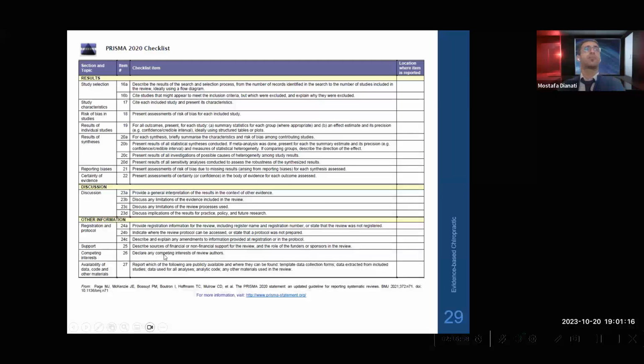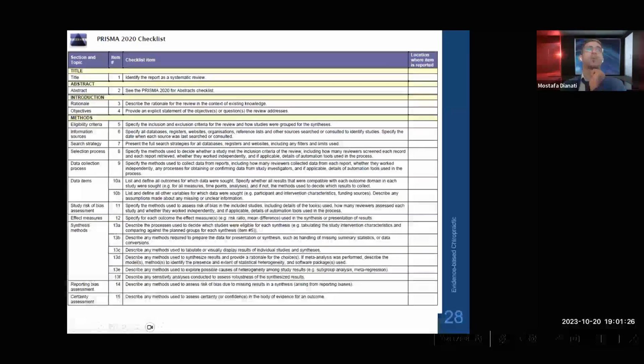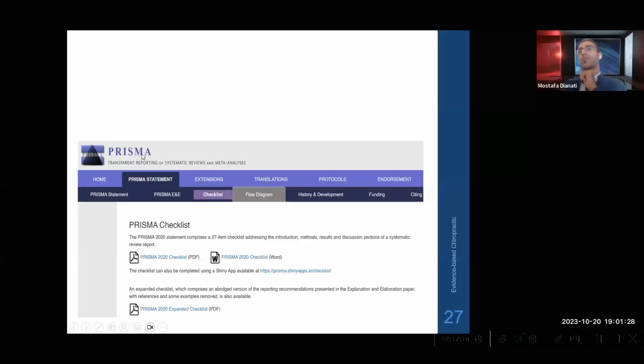Make sure that the preparation of your manuscript is 100% in line with this statement, which is really crucial when you submit your paper to any journal, specifically a really high-ranked journal.